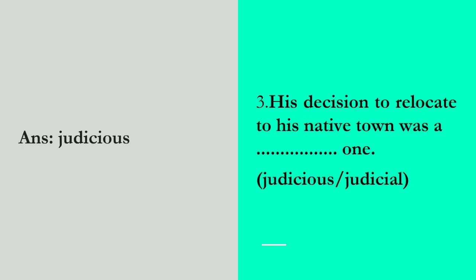Judicious means wise, and judicial means something related to legal matters, legal issues. So here, his decision to relocate to his native town was a wise one, not something related to legal problems. So the answer here is judicious.